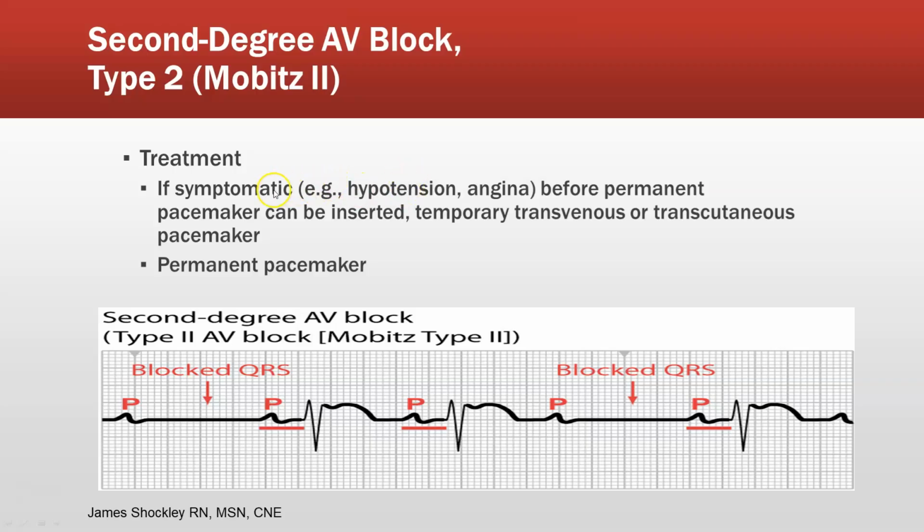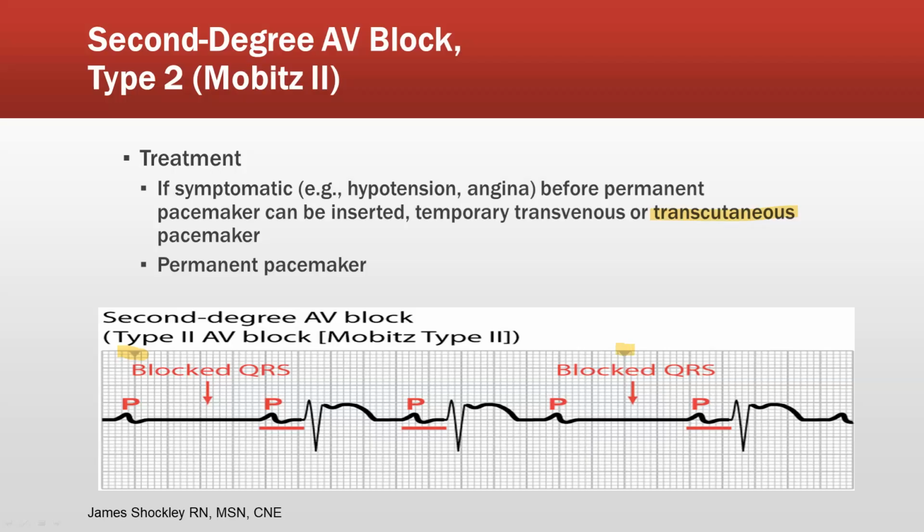You can tolerate this if it is indeed transient, or if you do become symptomatic. Again, this is probably something that I would want to have external pacing available for. Then they're probably going to go and get a permanent pacemaker.